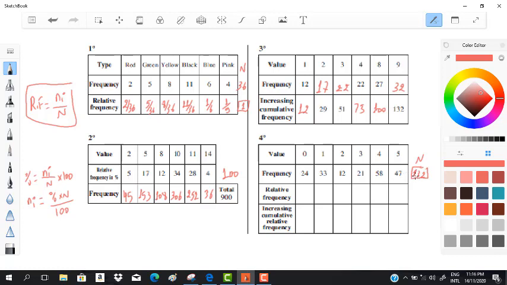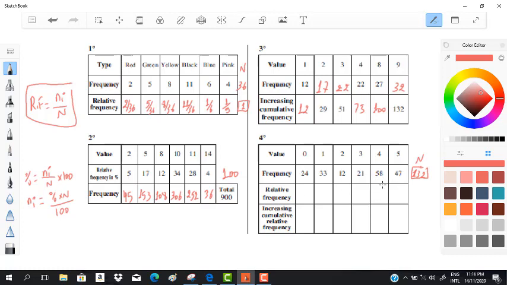Relative frequency, I'm gonna calculate 24 divided by 132. I can write it in decimal notation, or as a fraction.